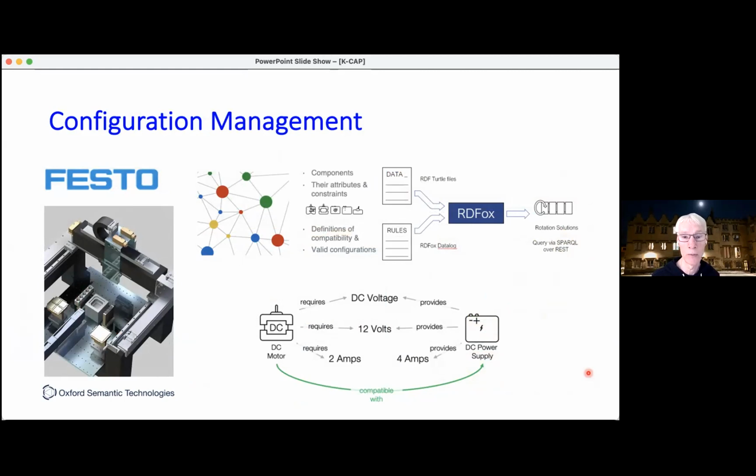In the company, we're seeing a lot more of these industry use cases that have been around for years, but that semantic technology and knowledge graphs can go a long way towards solving. And one example is configuration management.